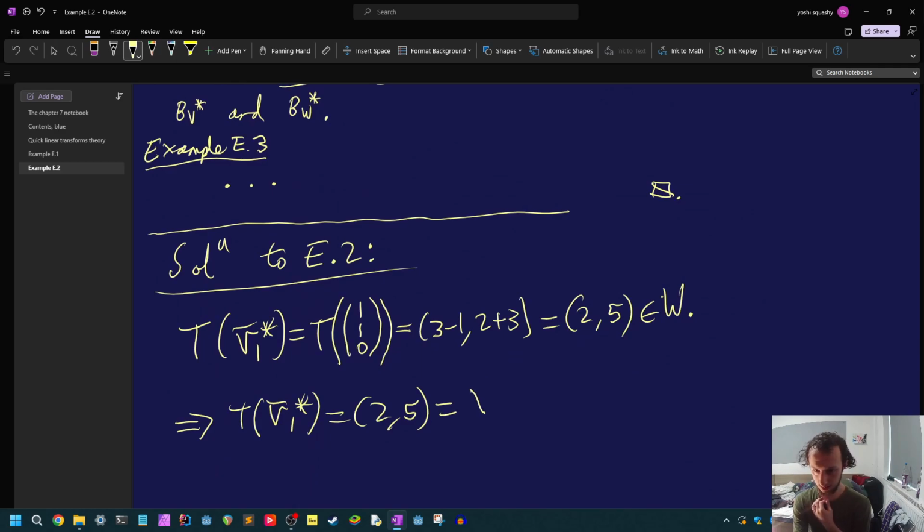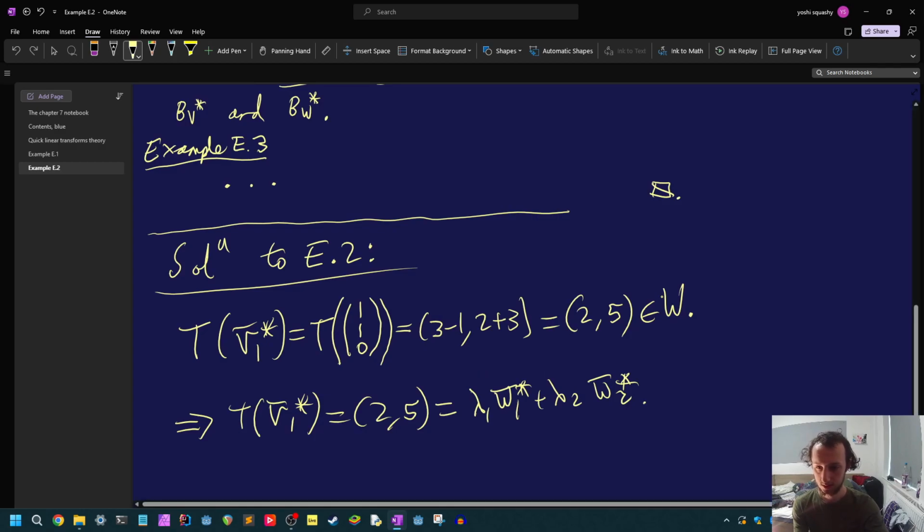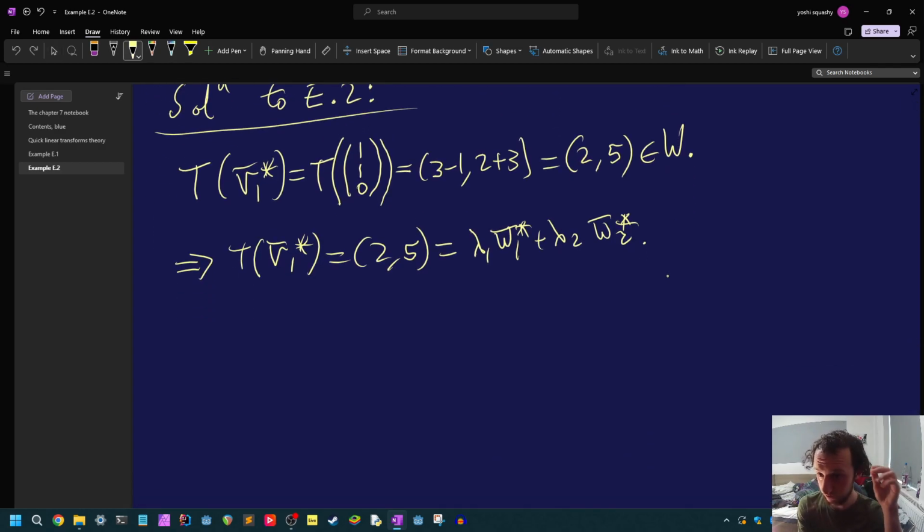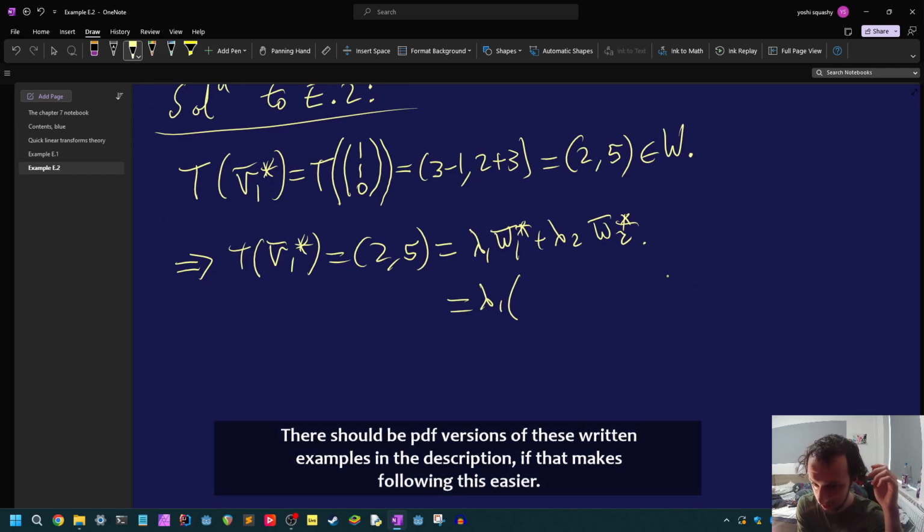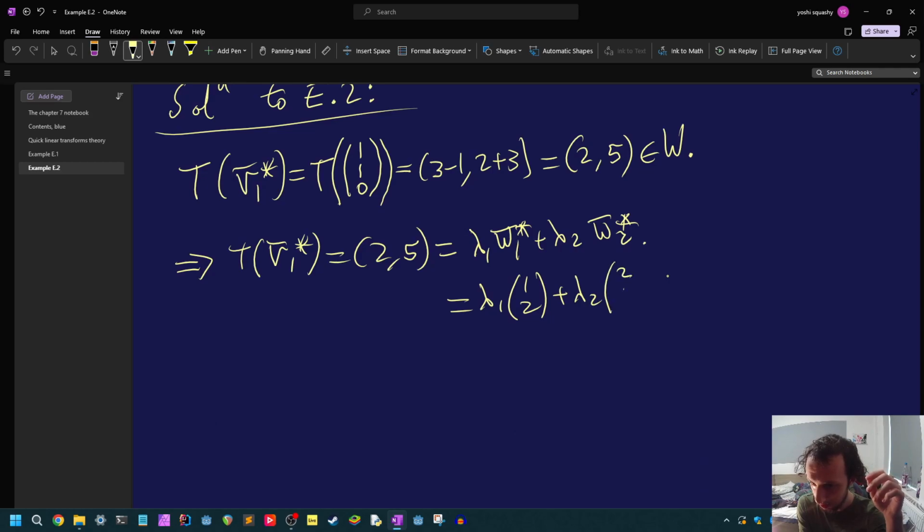So we've got some amount, some lambda 1 of the reals of W1 star plus some amount of W2 star, where these can be negative as well, of course, or 0. Any real numbers. And so how do we find out what these coefficients are? Let's first expand out a little more. We know what W1 star and W2 star are. That's 1, 2 plus lambda 2, 2, 1.